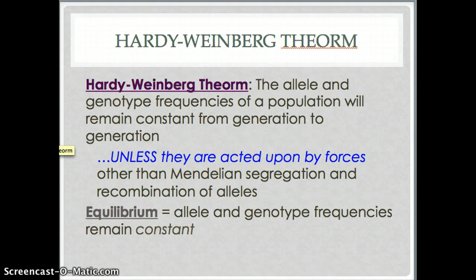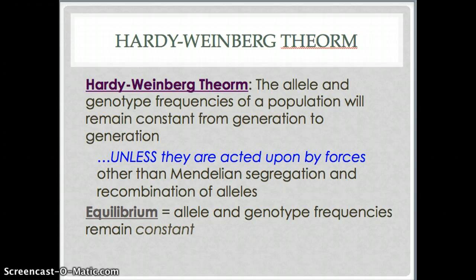Next, we talk about the Hardy-Weinberg theorem. Basically, this is how we know that allele and genetic frequency of a population will remain constant from generation to generation. That's their hypothesis, their theorem, unless they're acted upon by forces.